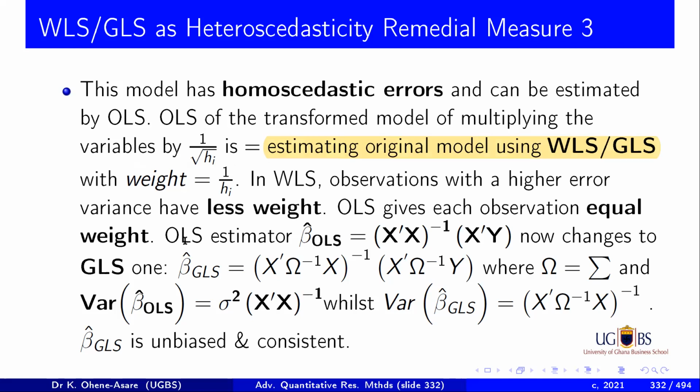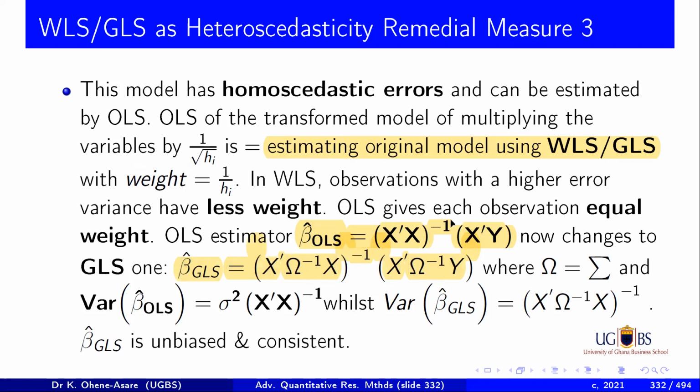Now, the original OLS estimator that we know, if you can remember this, through the variance covariance matrix, was the original OLS estimator. Watch it. This is it. Now it's going to change to a GLS estimator because of the weight that we gave to it. So the new GLS estimator now is this here. If you look at it, there's an omega that has been added there.